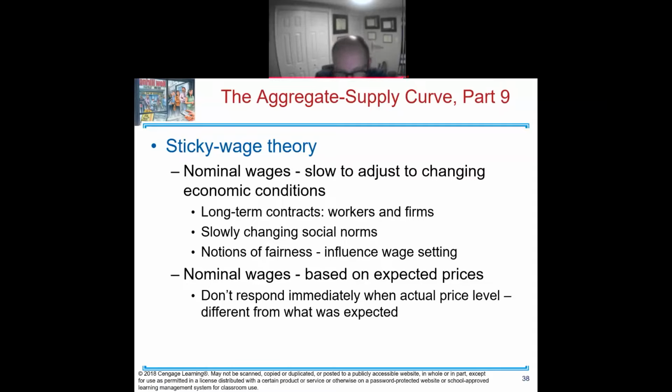Wages are typically based on expected pricing. They don't respond immediately when the price levels change. So, for example, grocery prices 20% higher, your wages are not going to go up 20% to match that. It's just not going to happen. They might go up a little bit, but they're not going to match those changes in prices.